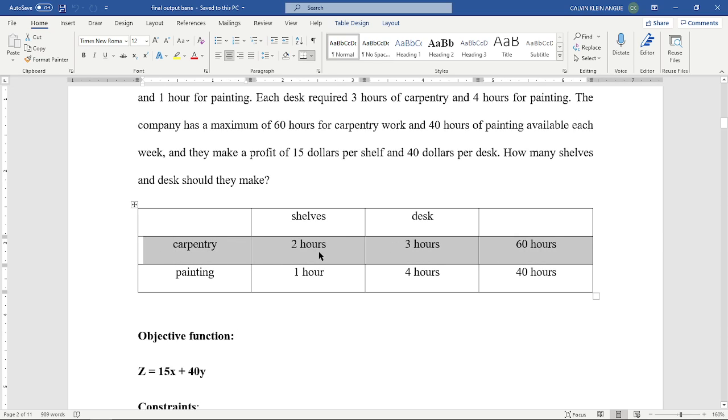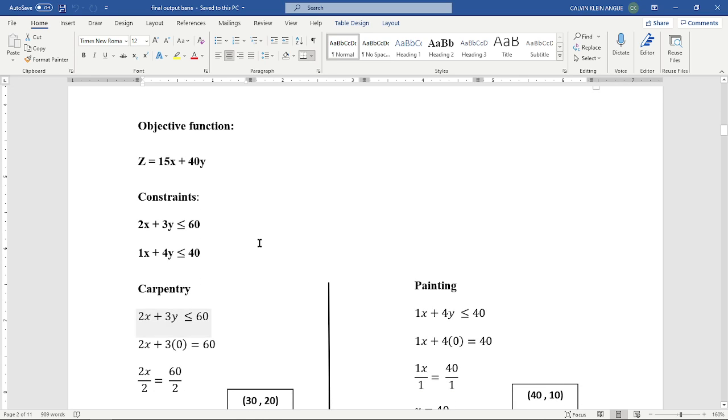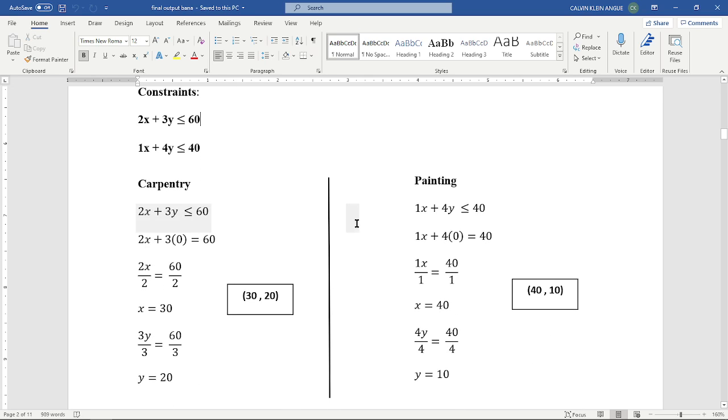For the carpentry, it's 2x plus 3y less than or equal to 60. For the painting, it will be 1x plus 4y less than or equal to 40 hours. You have two constraints.